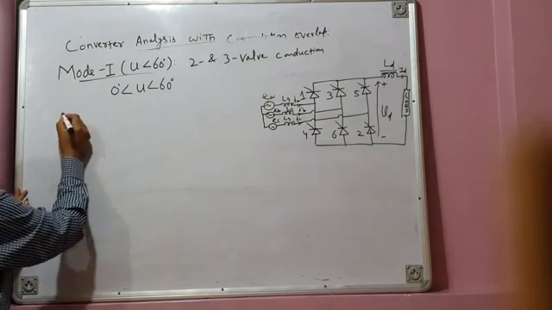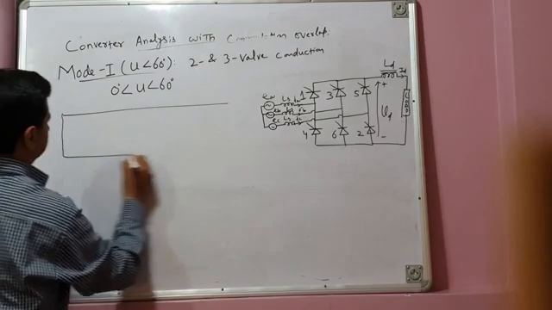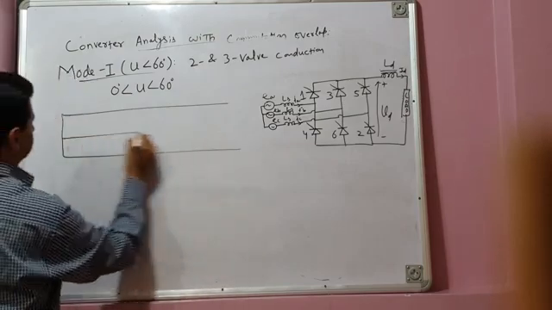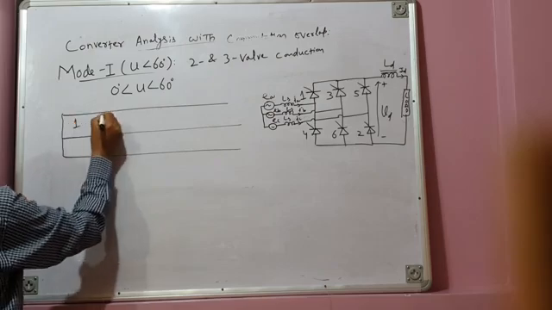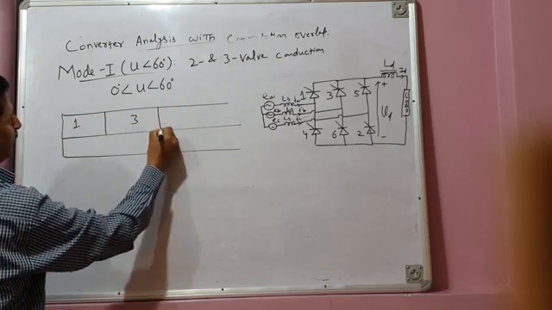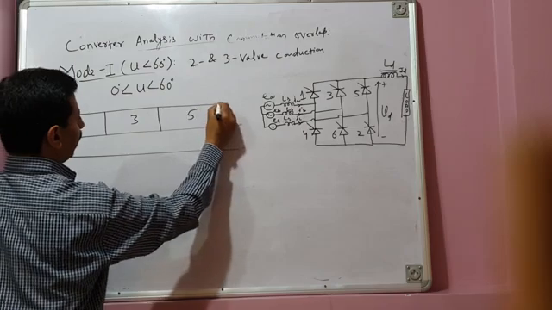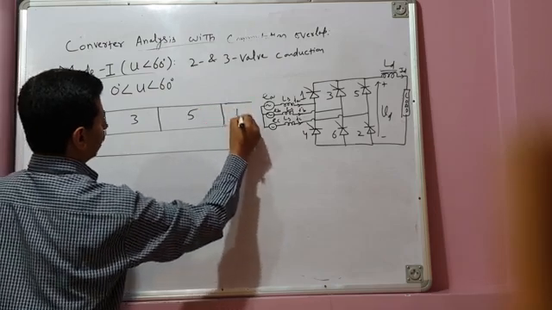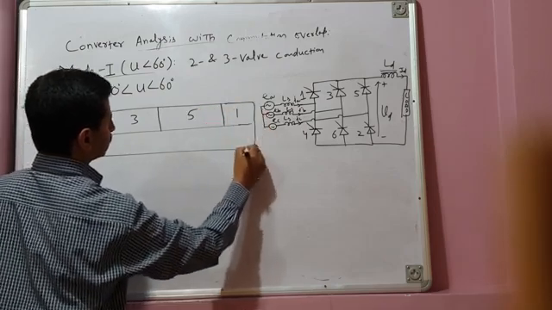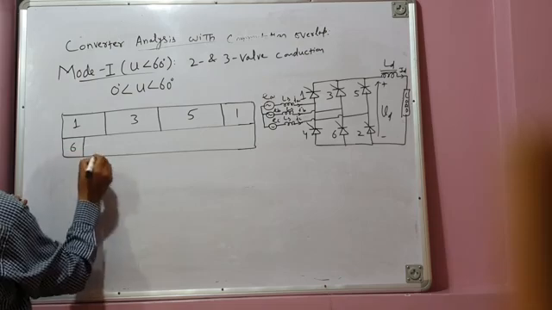So it will be like this. This is valve 1 conducting for 120 degrees, valve 3 conducting for the next 120 degrees, valve 5, and then again valve 1. Here previously valve 6 was conducting.